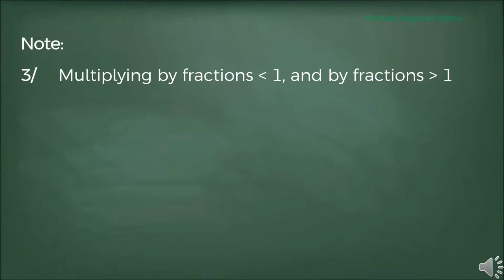So the answer will be a reduction from the second fraction. And if the first fraction is greater than 1, then the second fraction that we're multiplying, the answer will be increased in scale from the second fraction. So just like with integers, if we multiply 2 by 3, 3 is scaled up because 2 is greater than 1. If we multiply a half by 3, 3 will be scaled down because 1/2 is less than 1.